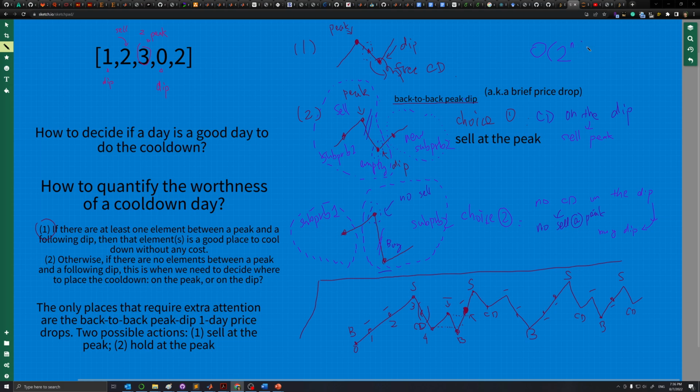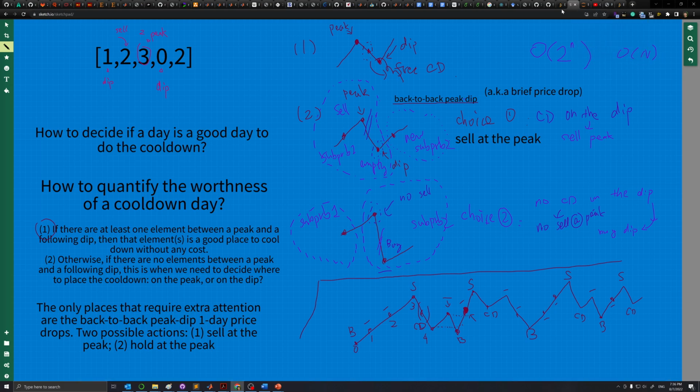And in terms of space complexity, we may be O(n) as well because I don't see it being O(1). Anyway, this is our best attempt here, and it didn't really work.